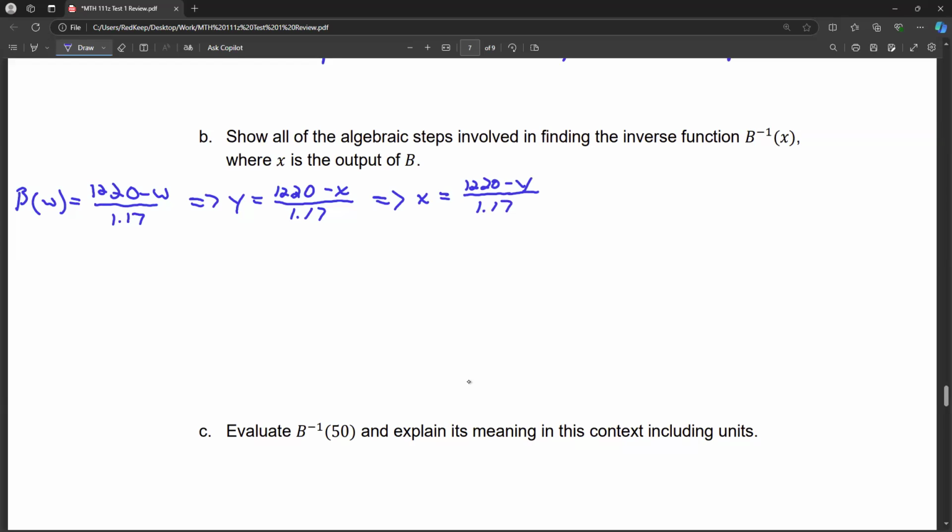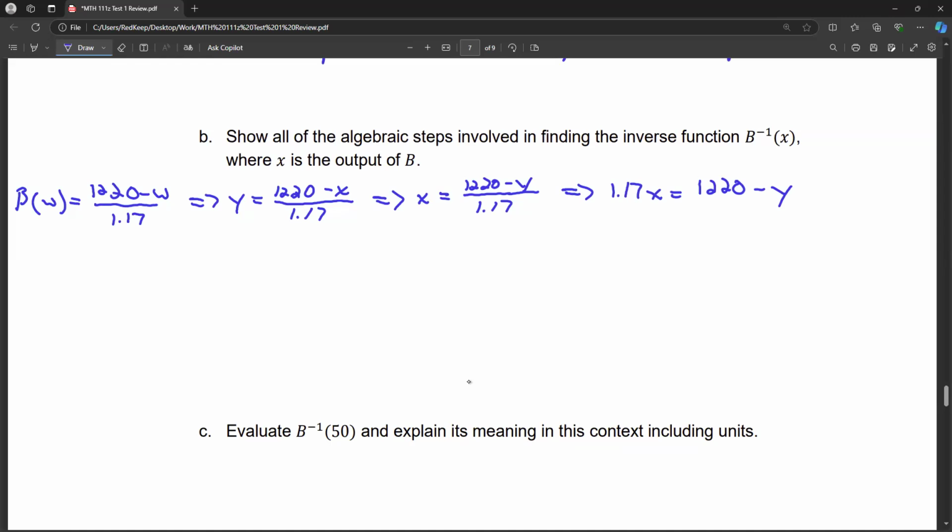Our new y is hanging out inside this fraction, and the first thing we'll want to do is multiply both sides of this equation by 1.17. So we'll get 1.17x, and this will be equal to the y, since the 1.17 in the denominator goes away when we multiply by 1.17.